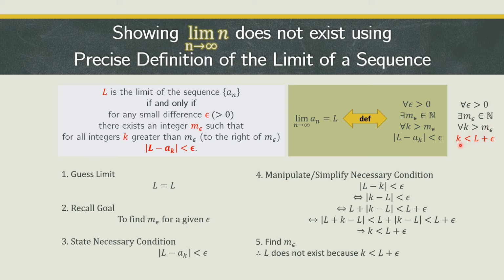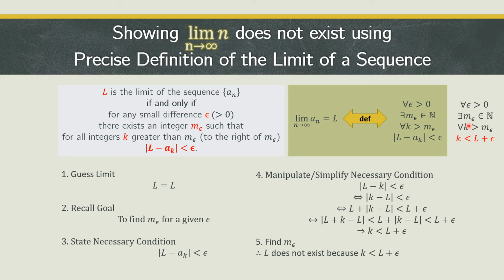And yet this says that for all of those k's, they will be smaller than the limit if we have the limit. And you see that that cannot happen because we have just said that k just gets bigger and bigger. And so if we have a fixed limit, suppose the limit is L, k can always be greater than L, right? And so this is a contradiction.